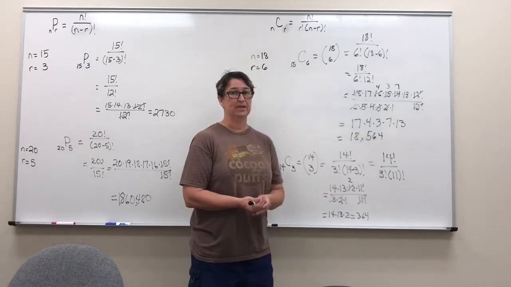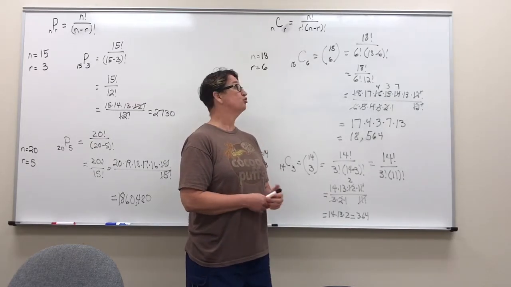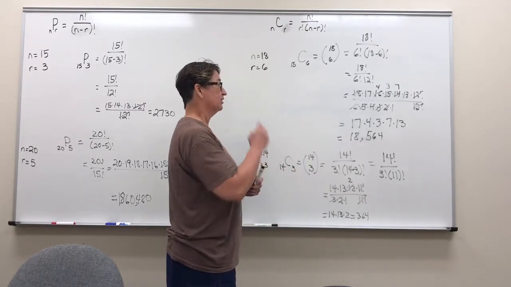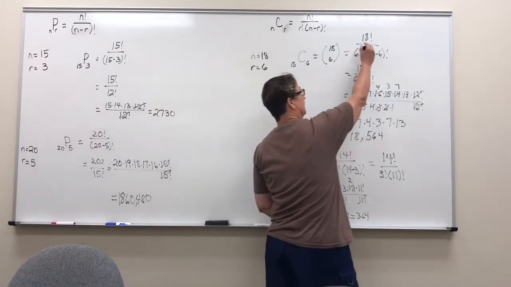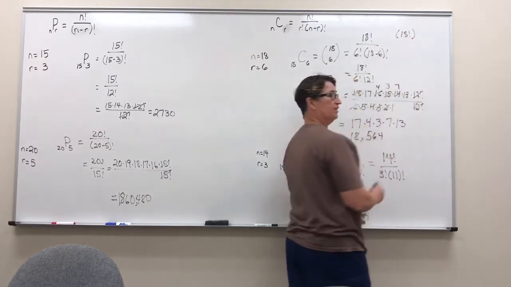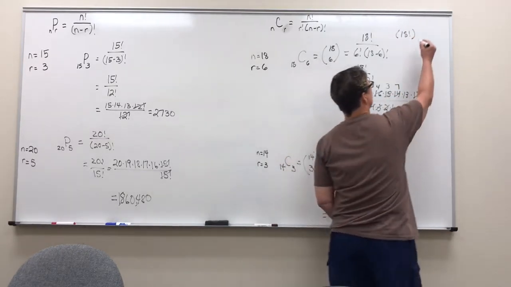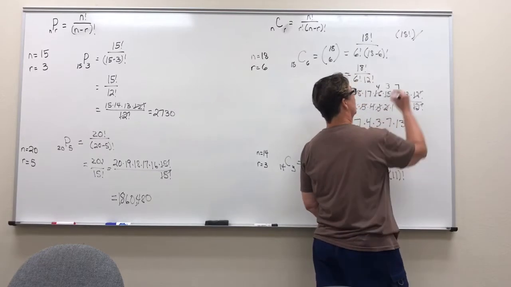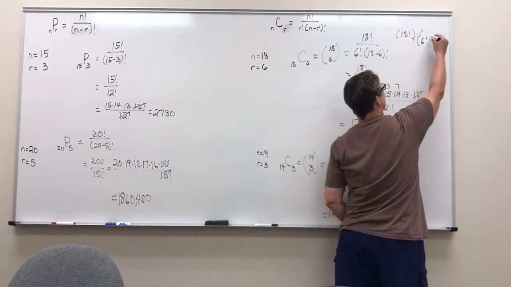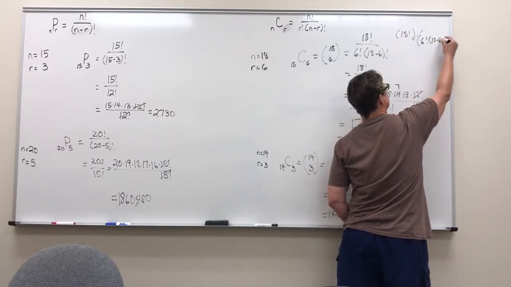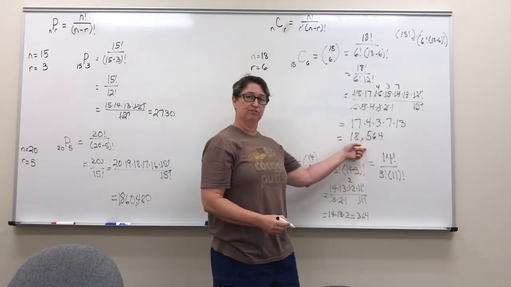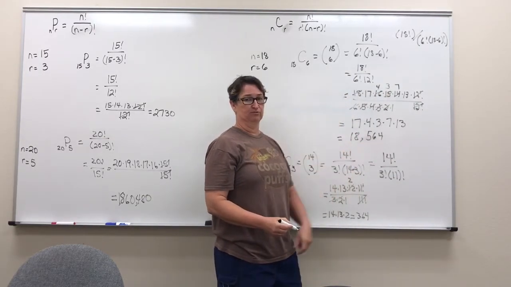Now, if you happen to be allowed to use a calculator, you could just put this in a calculator. The way you'd need to put it into the calculator is you would put in the 18 factorial in parentheses, and then use your division, use your parentheses again, and do 6 factorial with 18 minus 6 factorial, and then close your parentheses, and it should give you this answer of 18,564.